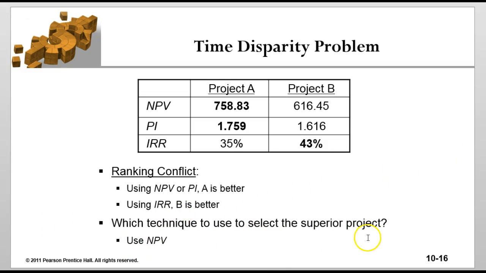Which technique do you use? In most cases, they're going to say use the NPV. And you'll see why. The IRR has really one major disadvantage that they try to eliminate by using the MIRR, the modified. So again, it looks like the NPV would win out on this one.